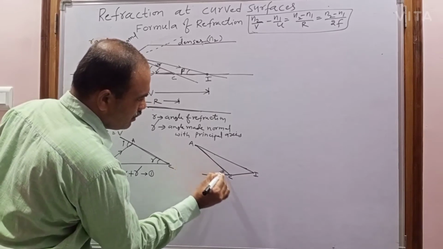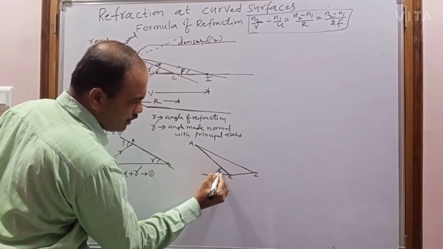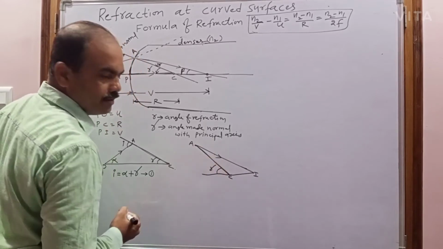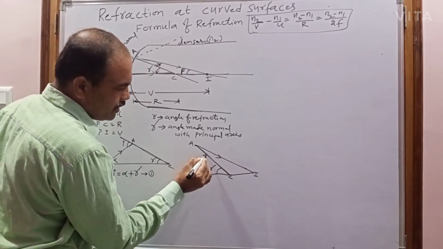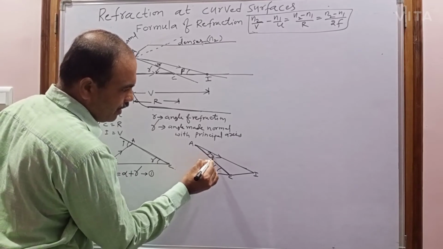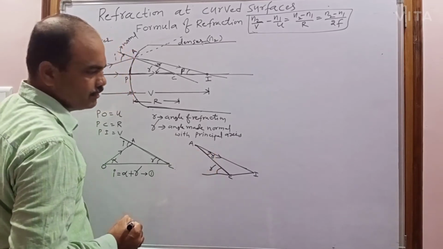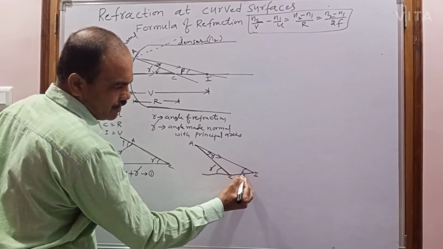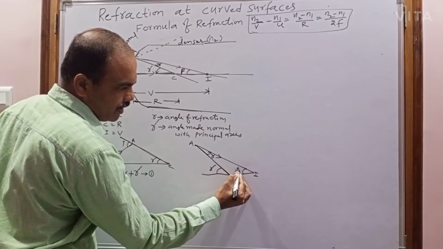This is the normal. The normal is making how much angle with the principal axis? Gamma. And this is a refracted ray. This refracted ray is making how much angle with the normal? R only. And this refracted ray is making some angle with the principal axis. What is that? That is beta.